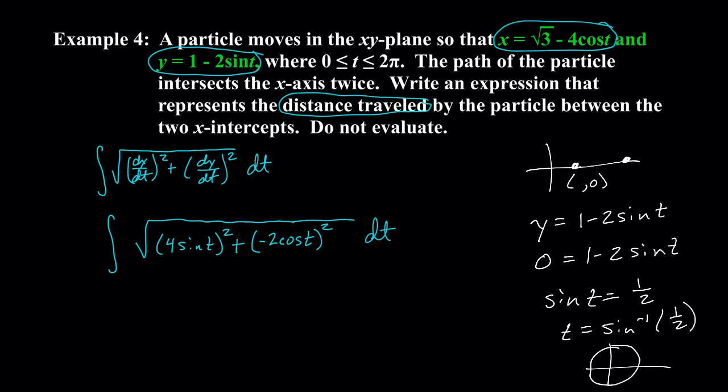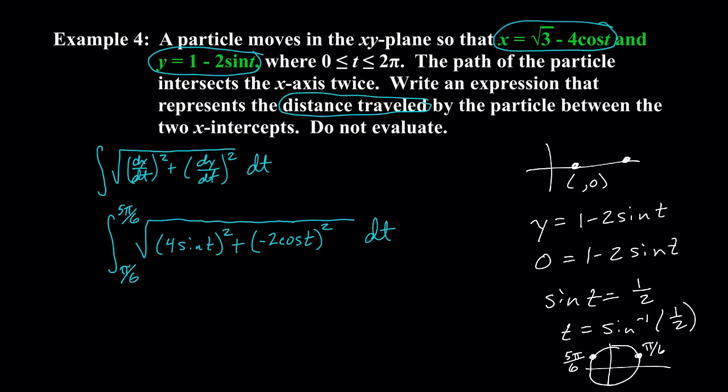Well, on your unit circle, your y value is 1/2 here and here. This is pi over 6, and this over here is 5 pi over 6. So those are the boundaries for our integral. So we're going to have pi over 6 and 5 pi over 6.